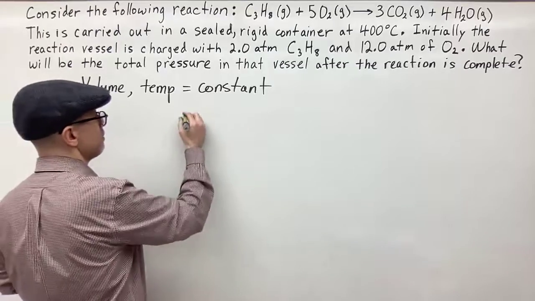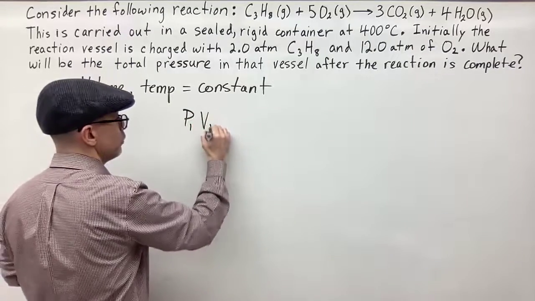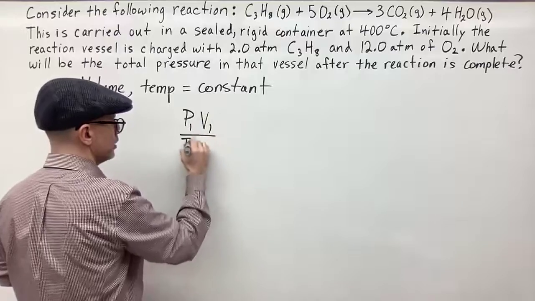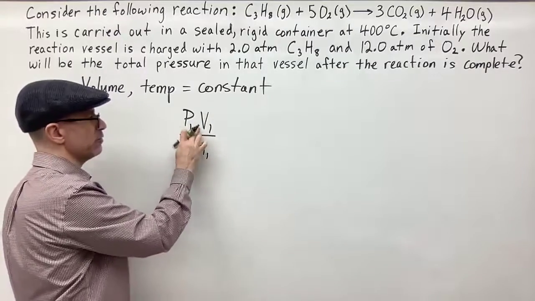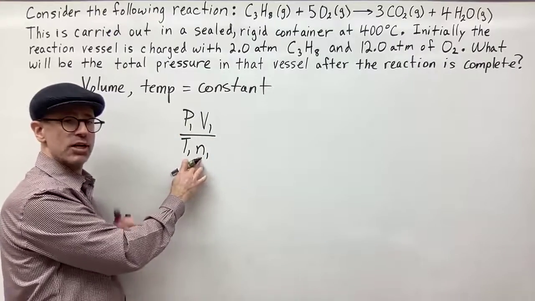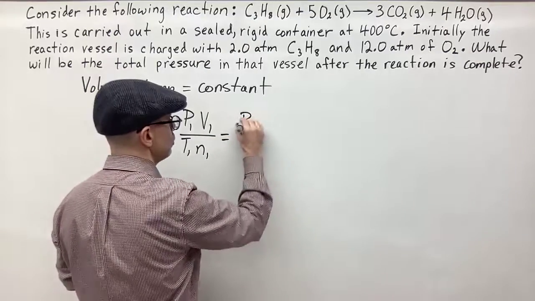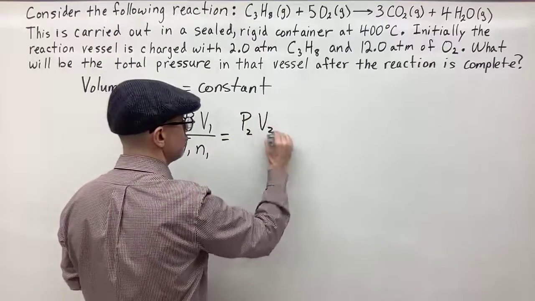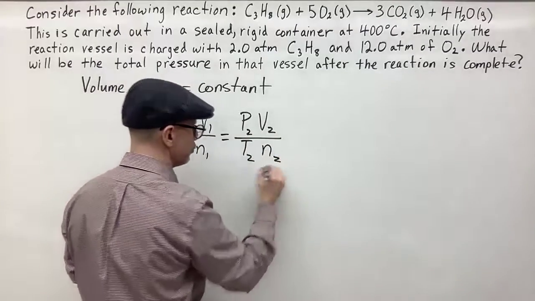So we have the combined gas law: P1 V1 over T1 N1, where P is pressure, V is volume, T is temperature, and N is the amount of gas in moles, equal to P2 V2 over T2 N2.